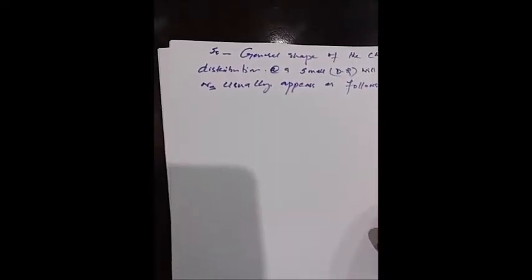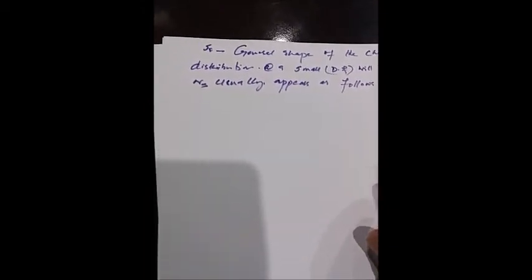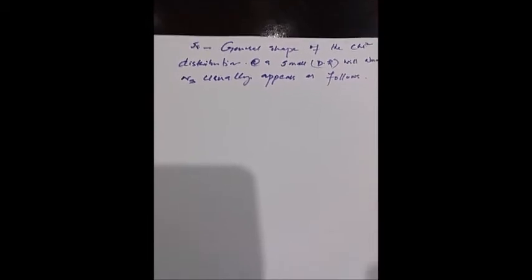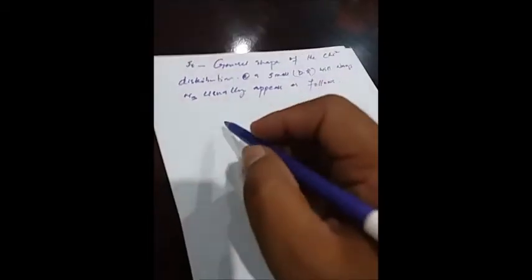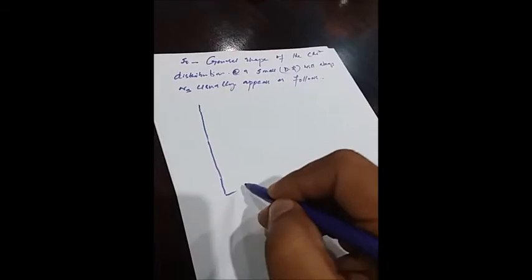At a small degree of freedom, the graph of the chi-square distribution will usually appear as follows.